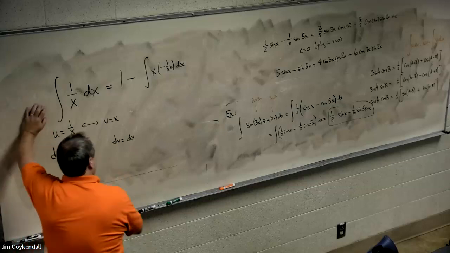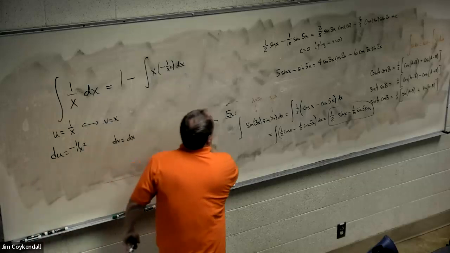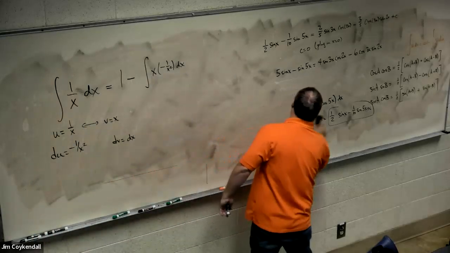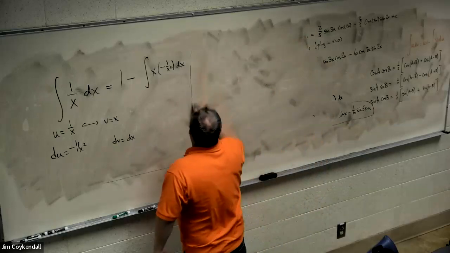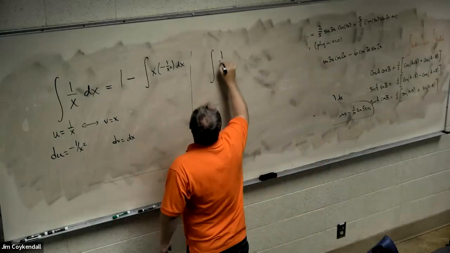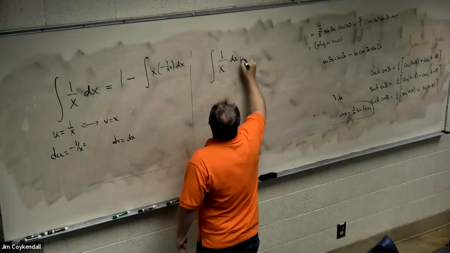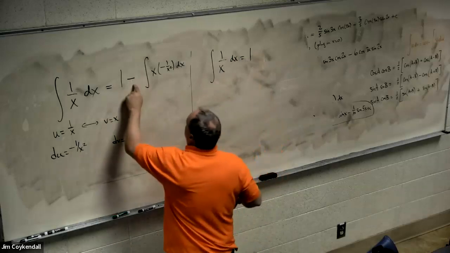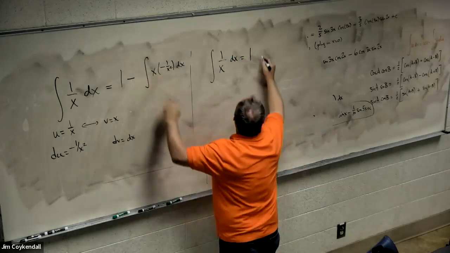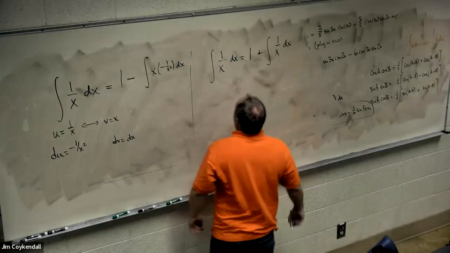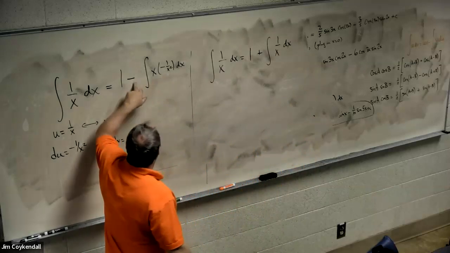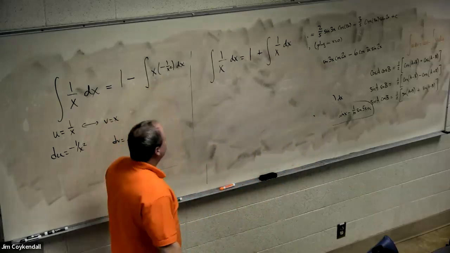So what I get is, here's where I started, this is 1, minus is plus, the minus is canceling.